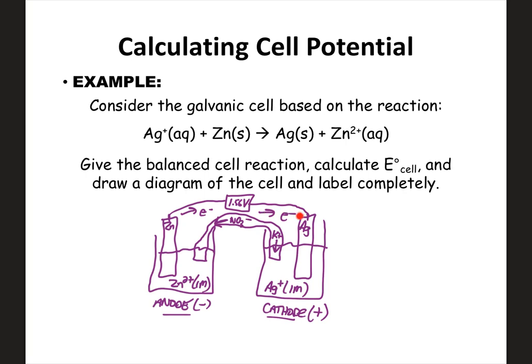You show which way the electrons are going, and you show which way the ions are going from the salt bridge. So in order to get full points, this is everything you would need to show if you have to diagram one of these voltaic cells. Be very careful with this. Make sure you can do this for any example that you're given. It's definitely a big idea here, showing that you understand what's happening for the voltaic cell.